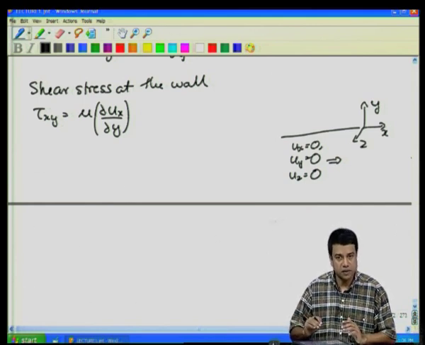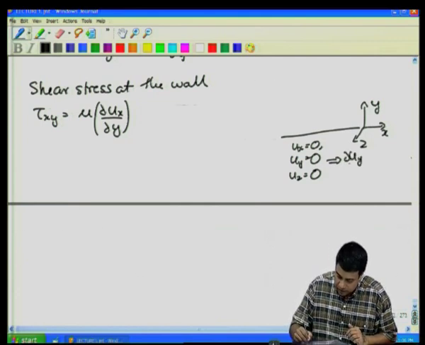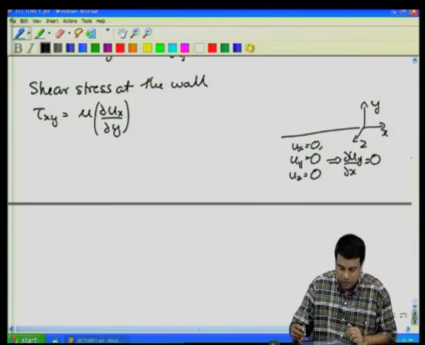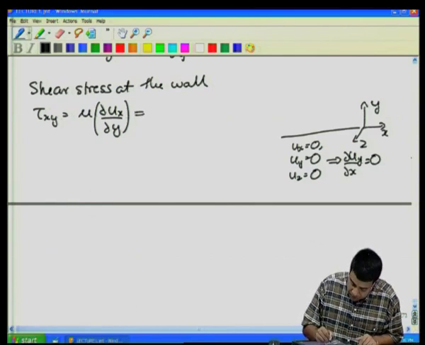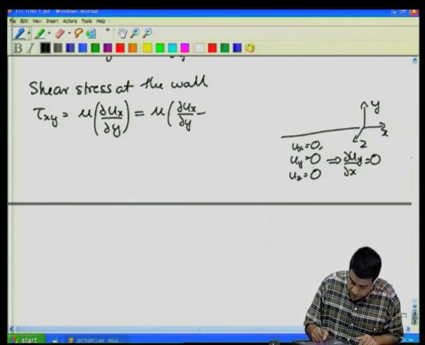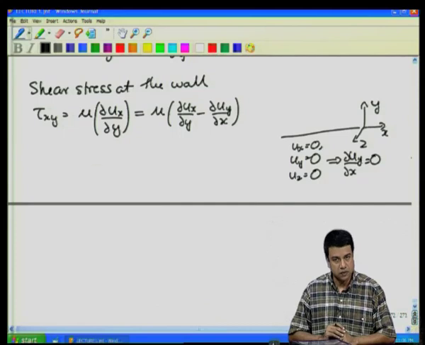u y is equal to 0 at all values of x implies that partial u y by partial x is also equal to 0, okay, because dy is equal to 0 at every location. Therefore, partial u y by partial x is also equal to 0. Okay. So, for this surface I can write this as partial u x by partial y minus partial u y by partial x, because we know that partial u y by partial x is equal to 0 at the wall.